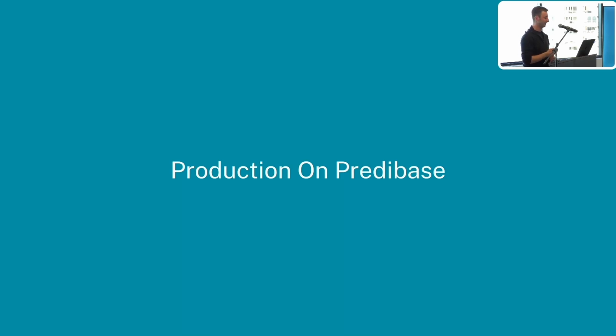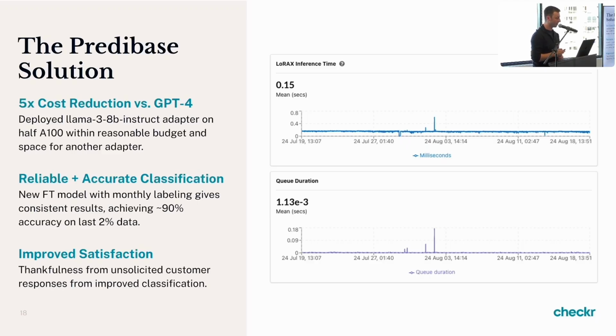So what does production look like on Predibase? So first of all, there's a 5x cost reduction versus GPT. I mean, honestly, I don't know if we would have even done this. I don't even know if it'd be worth it to do the expert LLM strategies that I mentioned before. But I deployed a Llama 3.8 right now, instruct adapter.